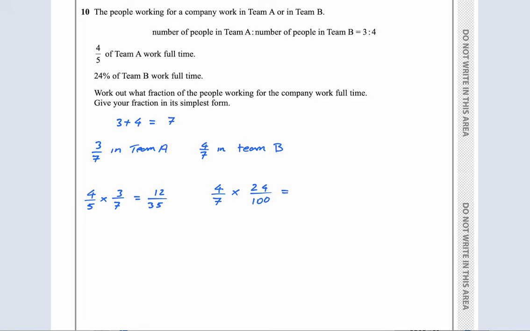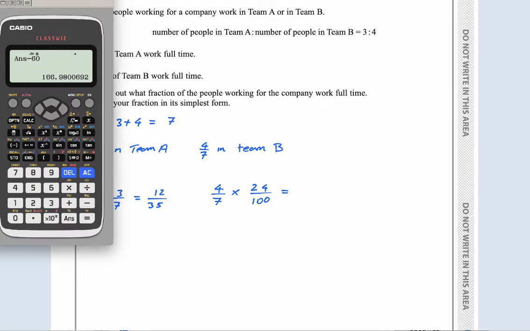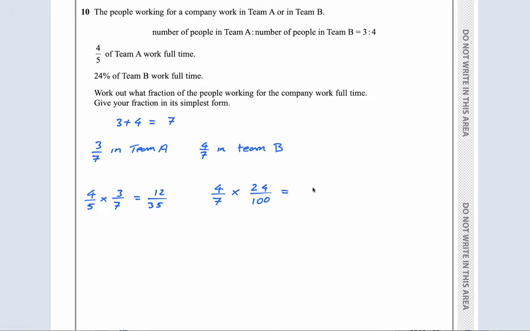So this, guys, is 4/7 times 24/100, which is 24/175.